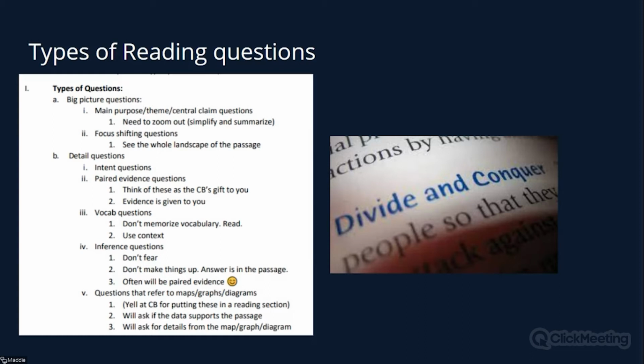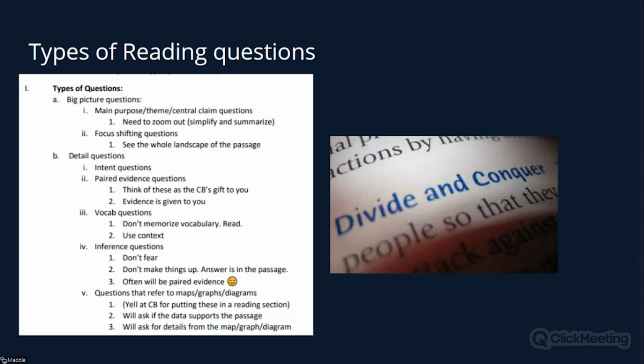Those are the two main types of questions you're going to see. What it's really testing you on is your ability to zoom out from the passage and understand the general landscape of the passage, and then your ability to zoom in and understand super small details. So it tests you on that ability to shift back and forth between the two things.